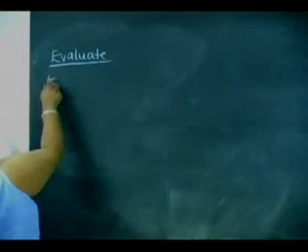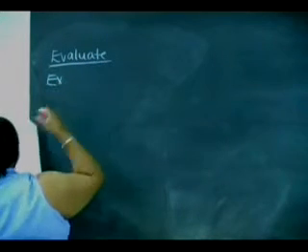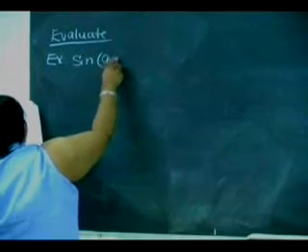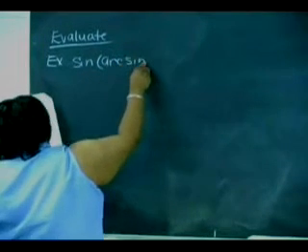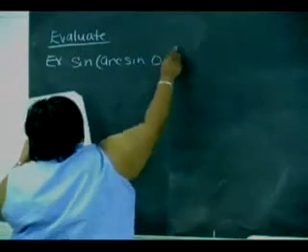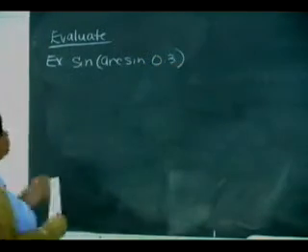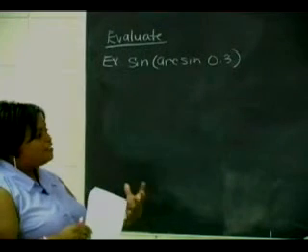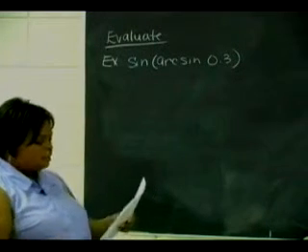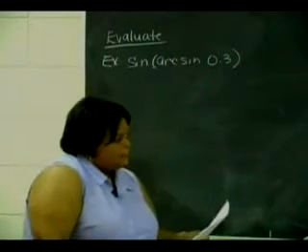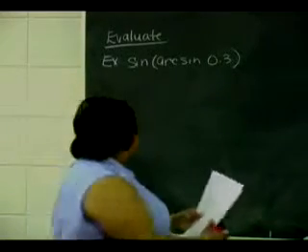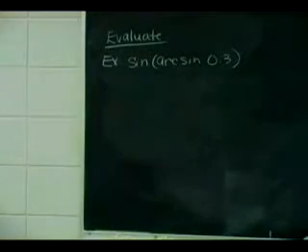Look at some examples. Let's evaluate sine of arc sine 0.3. If we go back to our inverse properties over there, we have to be in the correct domain here. Notice sine comes first.